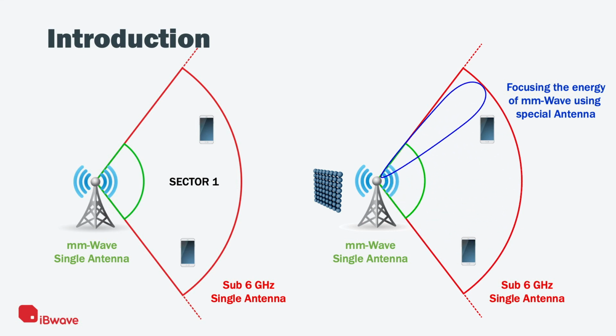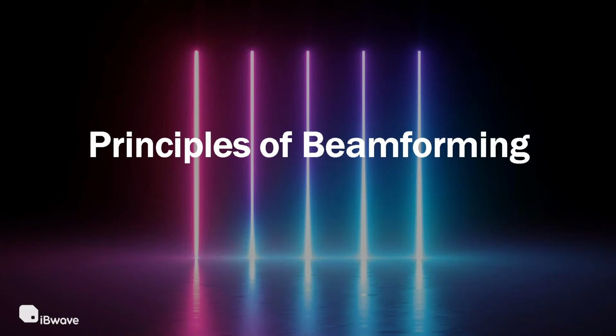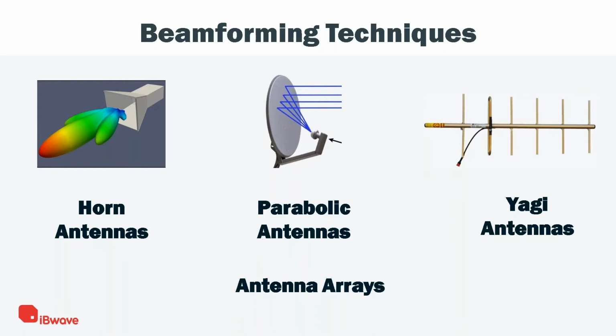So now let's see how to generate this type of concentrated beam and concentrated energy. In practice, we may have different types of antenna that can generate this beamforming radiation pattern. For instance, there is the so-called horn antenna, which is mainly used in radio measurement, or as a feed for reflector antennas.